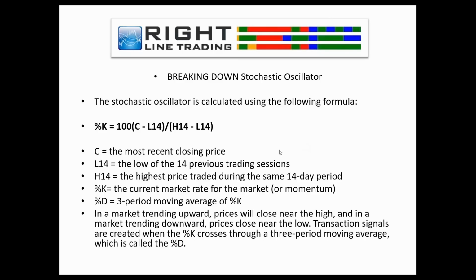And as price continues to approach the H14, momentum is rising to the upside. And as price continues to approach the low of the candle or the average low of the previous 14 candles, momentum is continuing to increase to the downside. And that's all we're looking for.